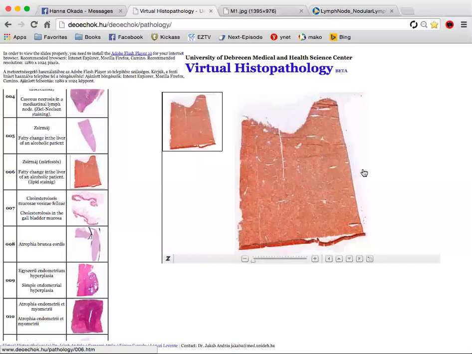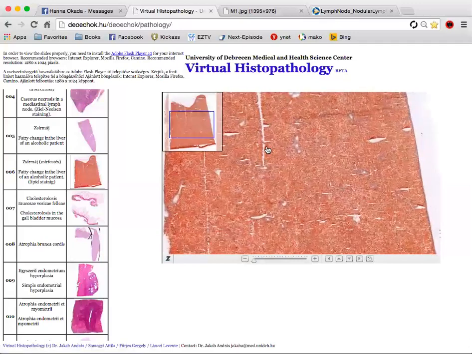This was a frozen section, so it was taken maybe during surgery. Okay, and when you do a frozen section, besides the fact that it's really fast and it doesn't take days to embed it in paraffin, it actually keeps lipids inside the cells.